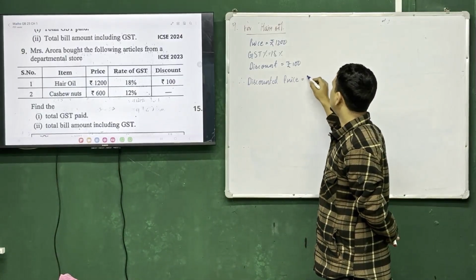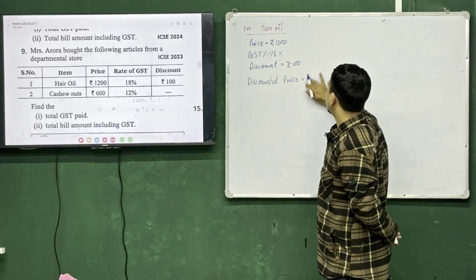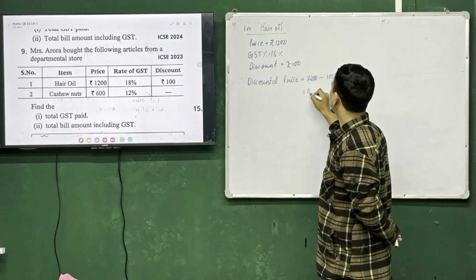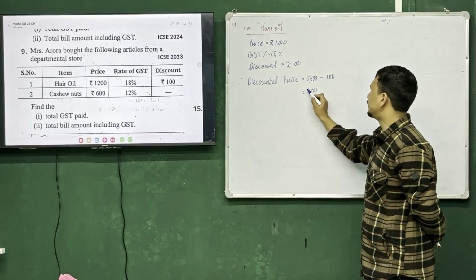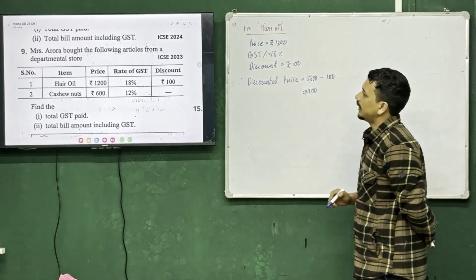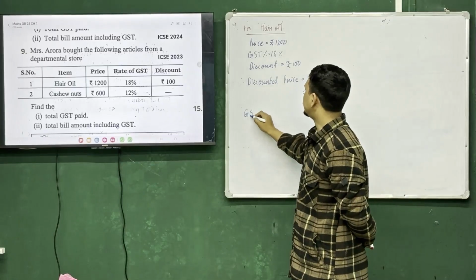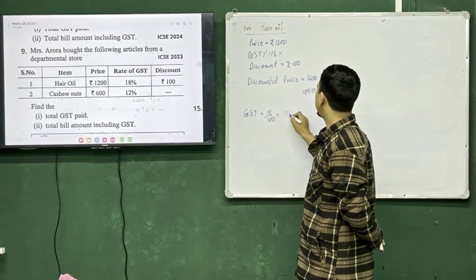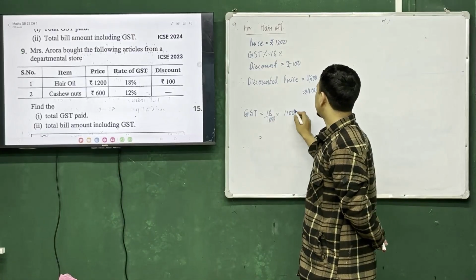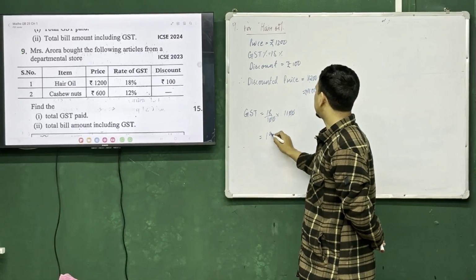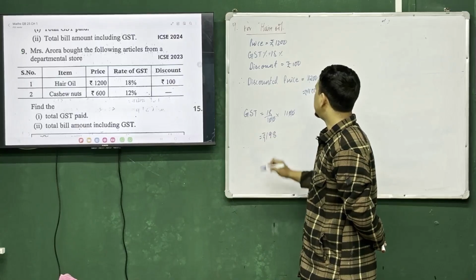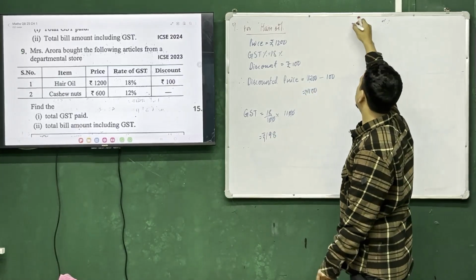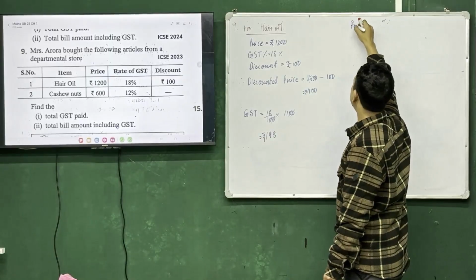First of all, we will find the discounted price. The discounted price will be 1200 minus 100, that is 1100 rupees. Then we have to find the GST. GST will be 18% of the discounted price, so 198 rupees. Then we will do the cashew nuts.